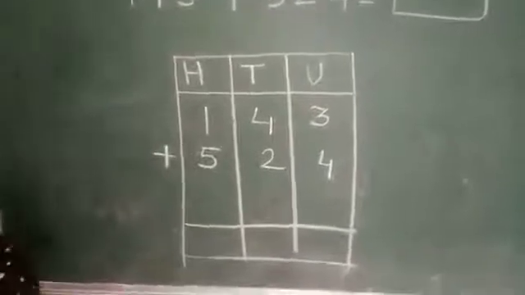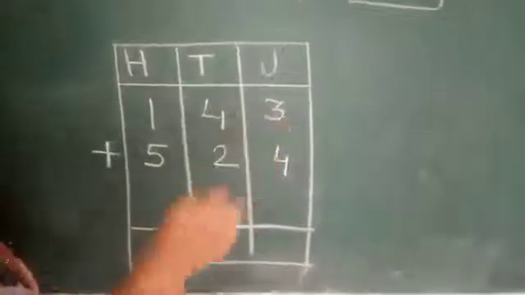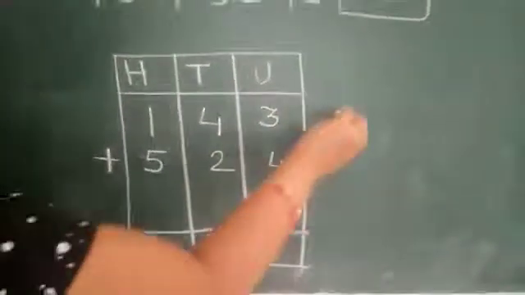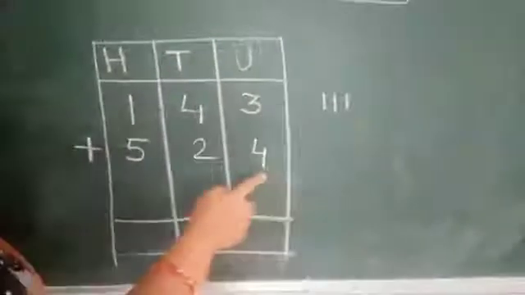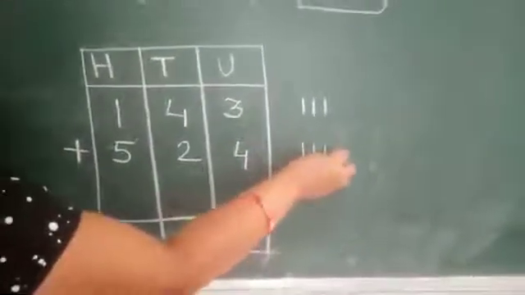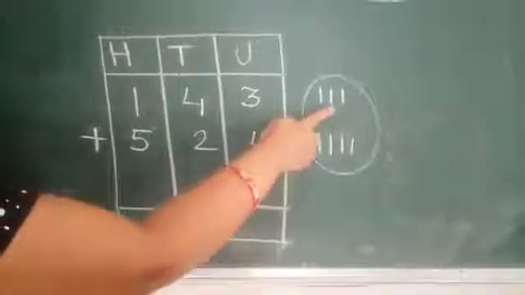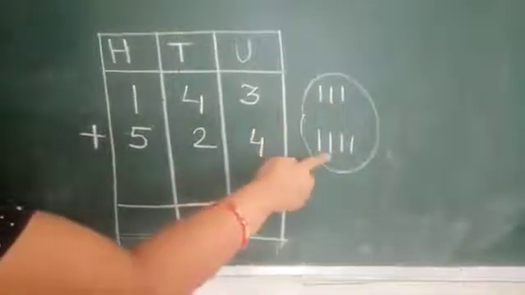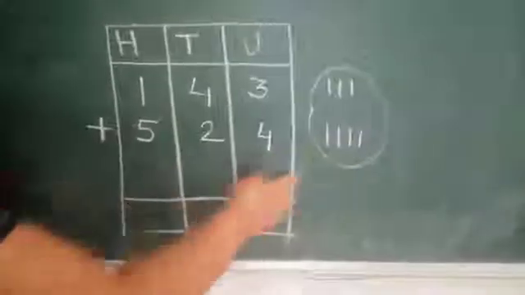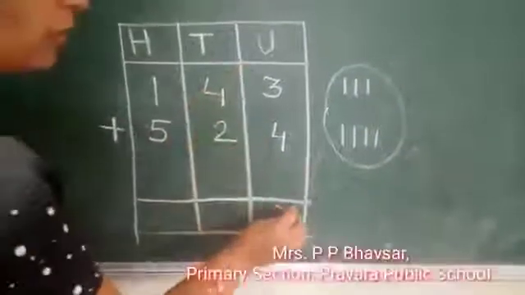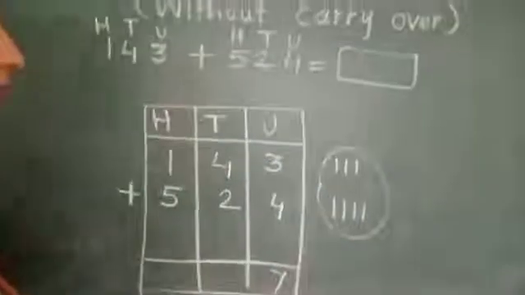We will count it together and tell me the number. See, 1, 2, 3, and this 4. 1, 2, 3, 4. We will count it together. 1, 2, 3, 4, 5, 6, and 7. Then in the unit column we will write here 7.